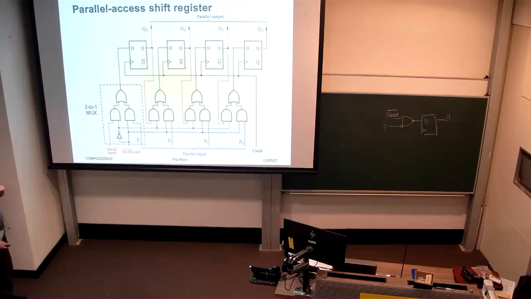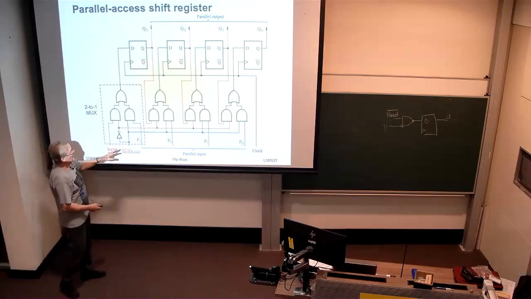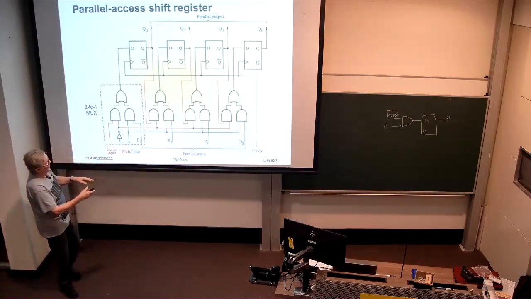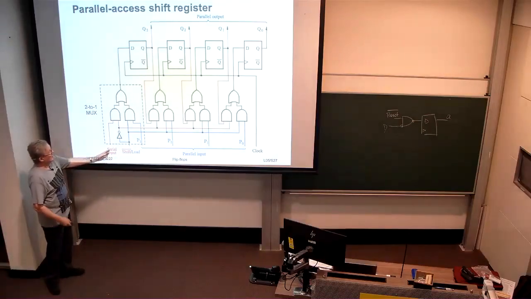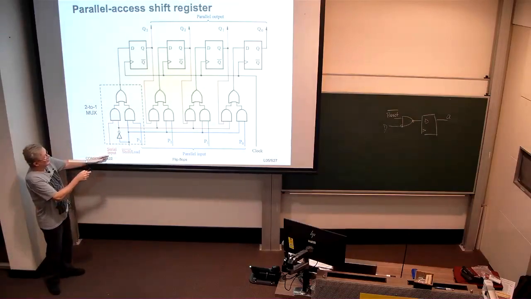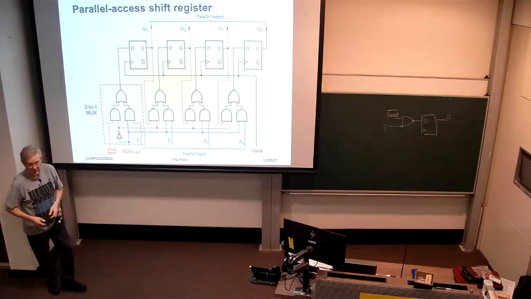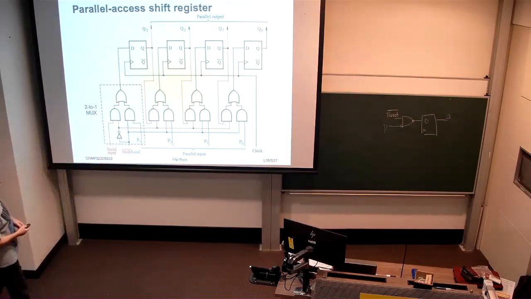So in order to do that, here's an example of a 4-bit shift register which has a serial input here which could be shifted sequentially into each of the flip-flops that appear here, from the most significant bit here on the right to the least significant bit on the left.